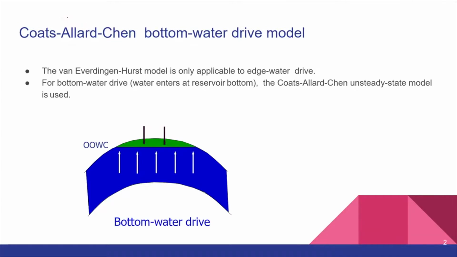We have learned before the Van Everdingen-Hurst model, but this model is only applicable for edge water drive. Edge water drive means if you have an aquifer like that, your water will be on the edge of the reservoir, which is this part.